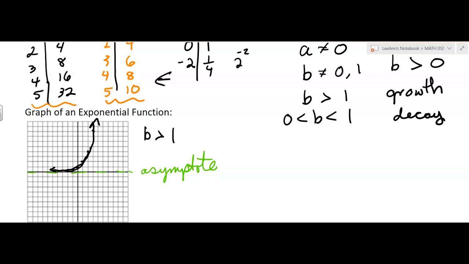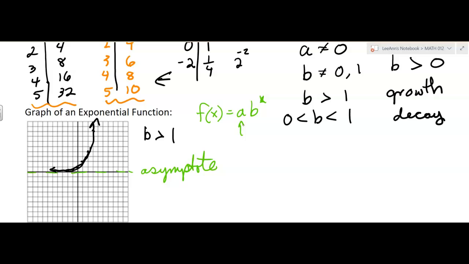Okay, before we leave this one, let me talk a little bit more about some features on the graph. So let's make sure we have this f of x equaling a b to the x. Now, some of our ideas from transformations, those still hold. So a could reflect, if a were negative, it would reflect the graph about the x-axis.